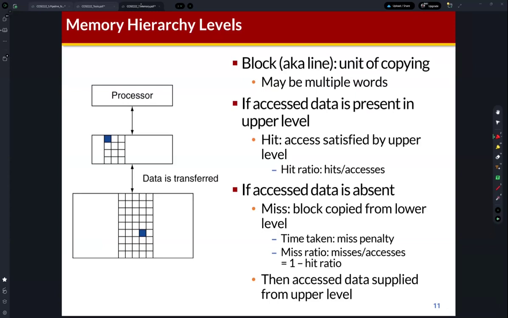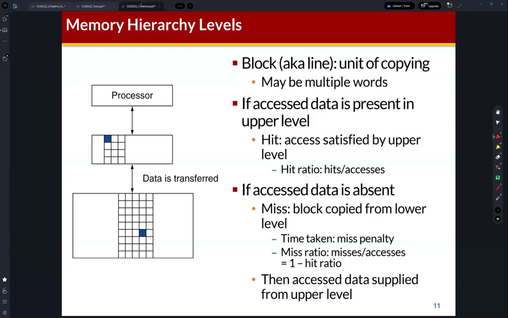In the memory hierarchy, a processor can find the required data in the fast memory, or a processor cannot find the required data in the fast memory.